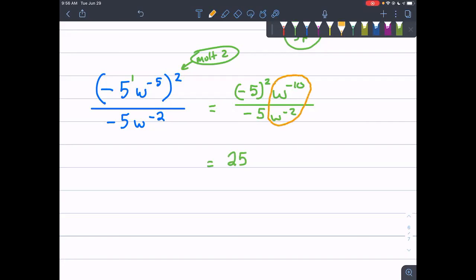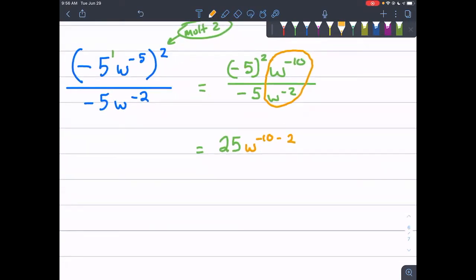So I'm going to do two things at the same time here. -5 squared is going to be +25. When we do the w's, I'm going to write that as w -10 minus 2. Does that look right?